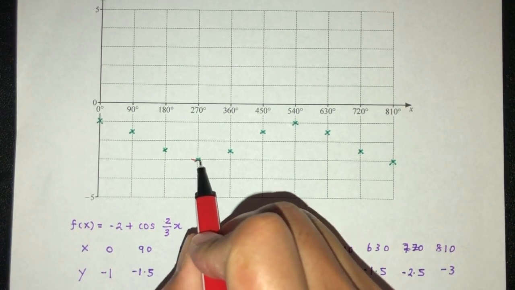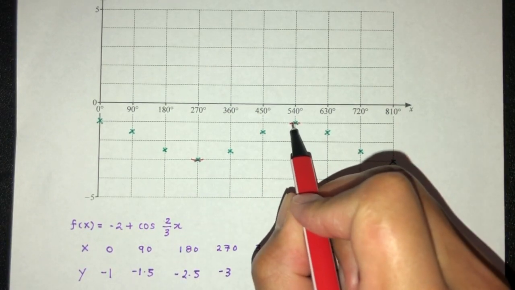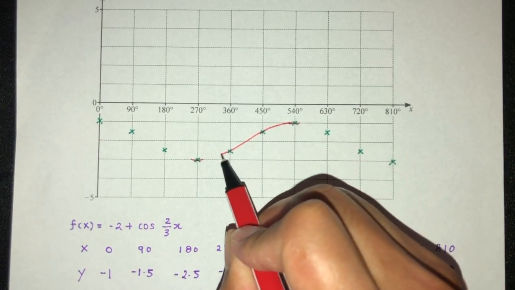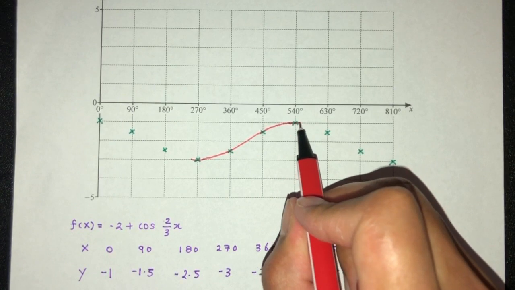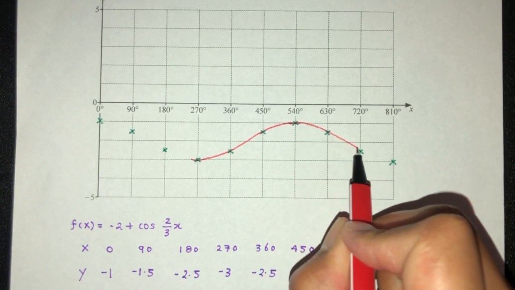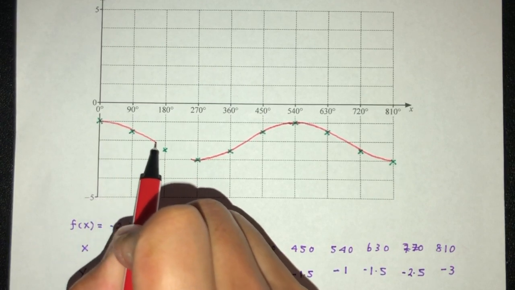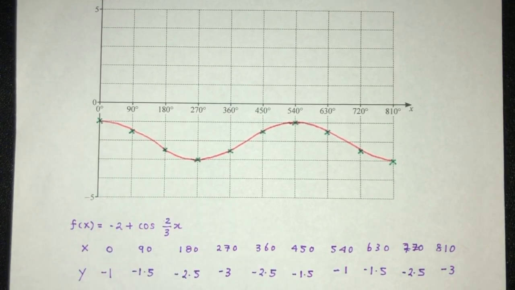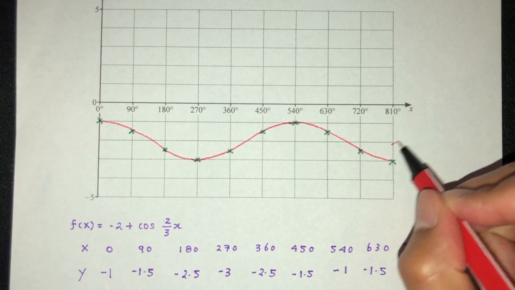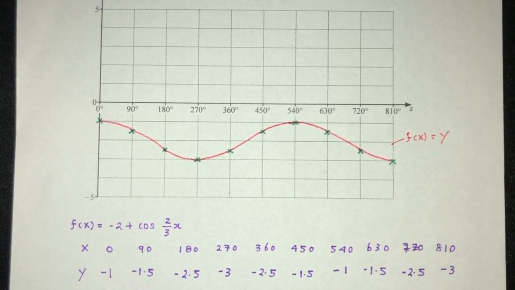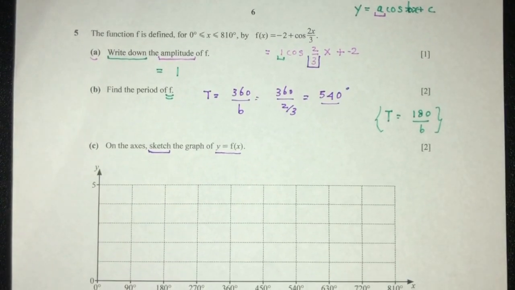So that will be something like this. Here you go, join that, this and that. Almost done. There you go. Okay, so that will be your curve, and label this as f of x, or y equal to f of x. And that will be your answer for question number 5.